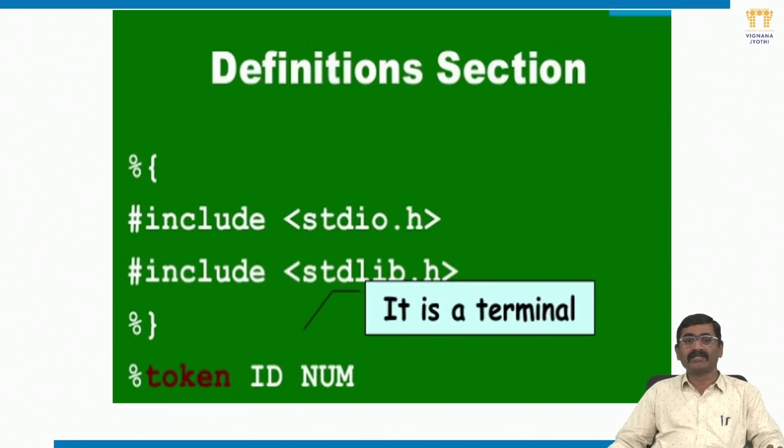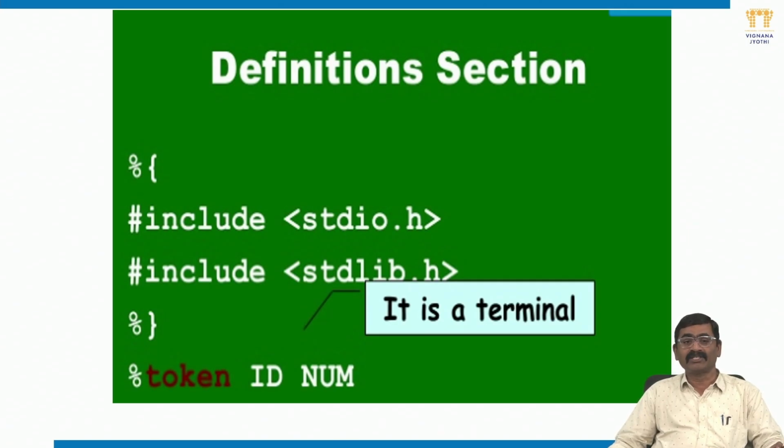Let us see the sections one by one. In the declaration section, or definition section, the code can be seen like this. First, we should write the code using the symbol percentage followed by an open curly bracket. After that, we should declare the header files required for our program.